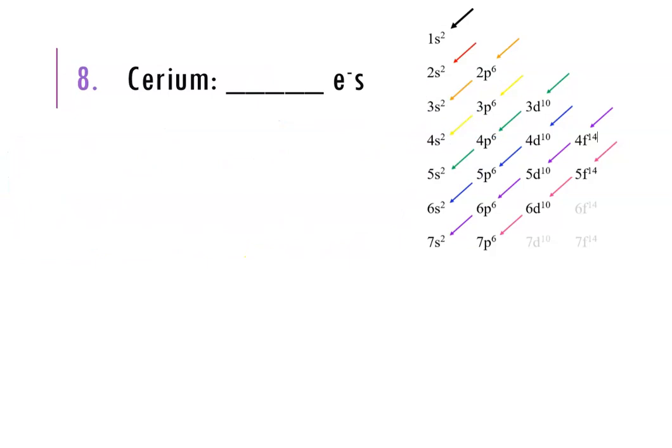All right, let's do one more of these. Cerium. Cerium is number 58. So again, I'm going to do this down here because I know I'm going to run out of room.